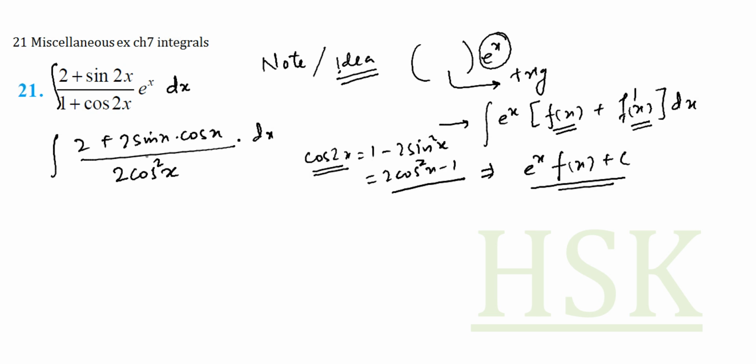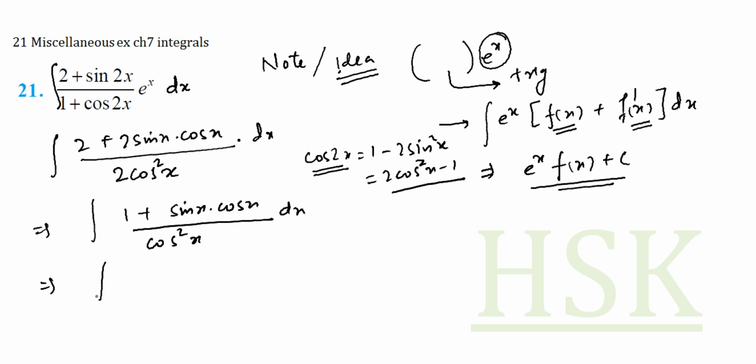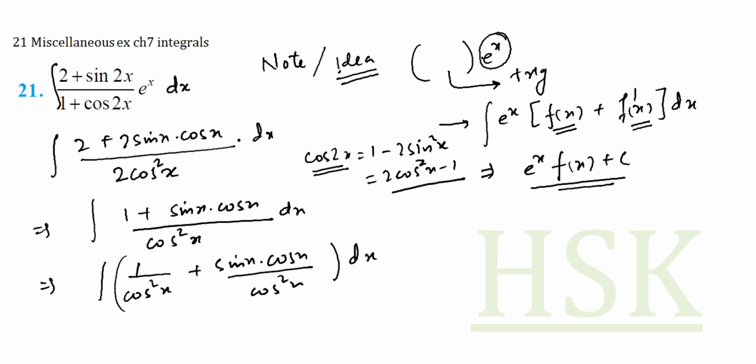So this 2 cancels out throughout and I am going to get this as (1 plus sine x cos x) upon cos square x dx. Now I am going to divide the numerator separately by cos square x, so I am going to get (1 upon cos square x plus sin x cos x upon cos square x) into e to the power of x dx.